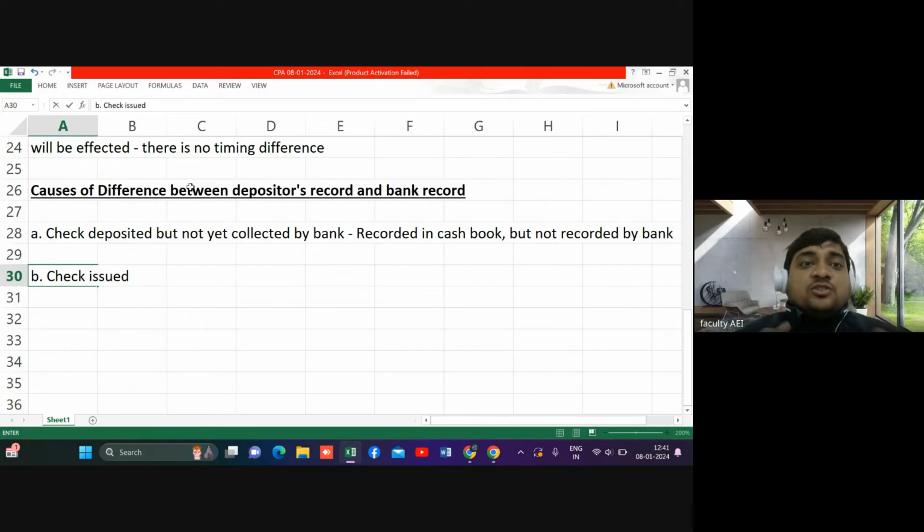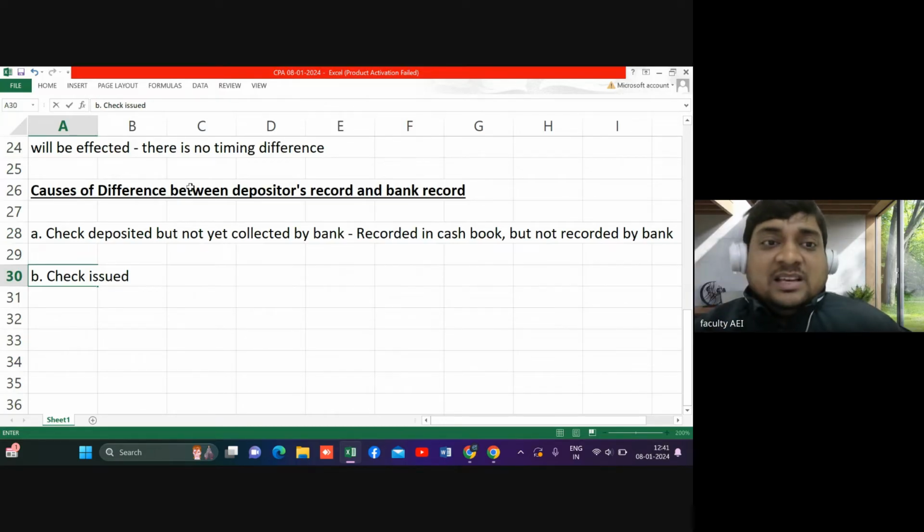Now, the day I will issue check, suppose I issue check to you today at around 2 o'clock. By the time you reach your office, it will be 4 o'clock. So bank closes at around 3:30, right? So anyway, you are going to deposit that check tomorrow. And if there's a delay in depositing, again your bank will send to my bank the day after tomorrow.